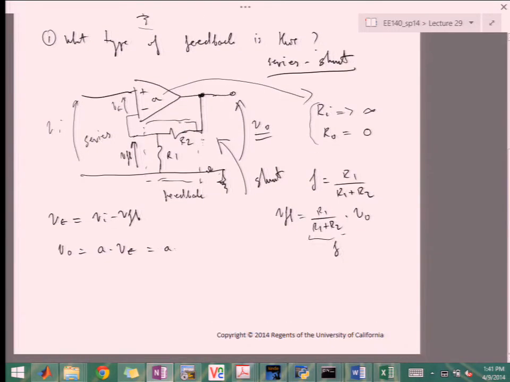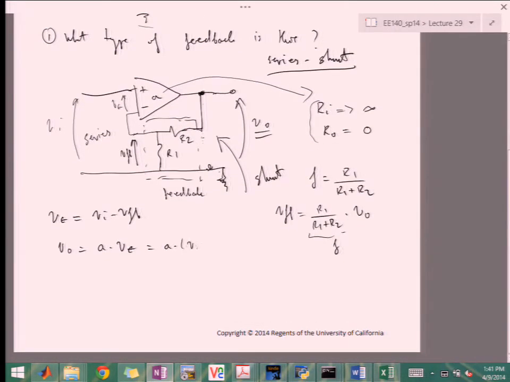That's A times VI minus V feedback, and this is FVO. So we get that VO over VI is going to be A over 1 plus AF, where F is R1 over R1 plus R2.